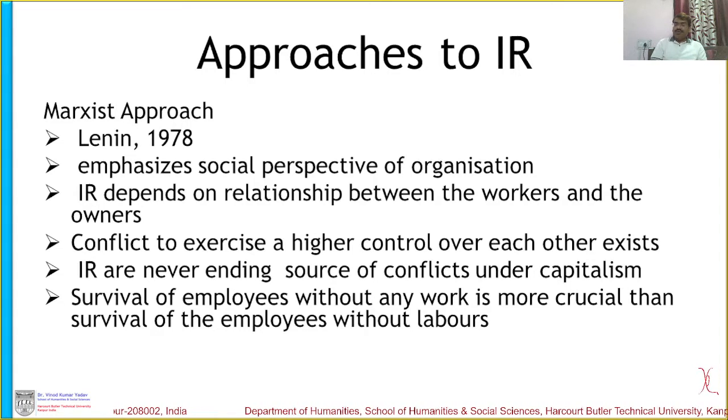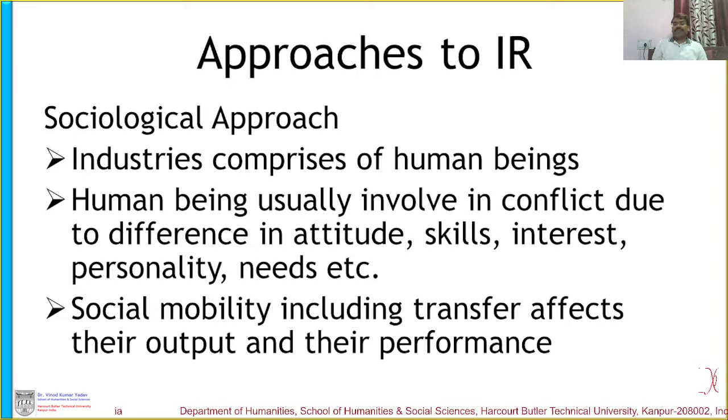So this approach was some kind of extreme approach which talks about extreme points. Sociological approach: this talks about the human approach, the social approach, which says that industry comprises human beings, and human beings usually get involved in conflict due to differences in attitude, skill, interest, personality, and needs.